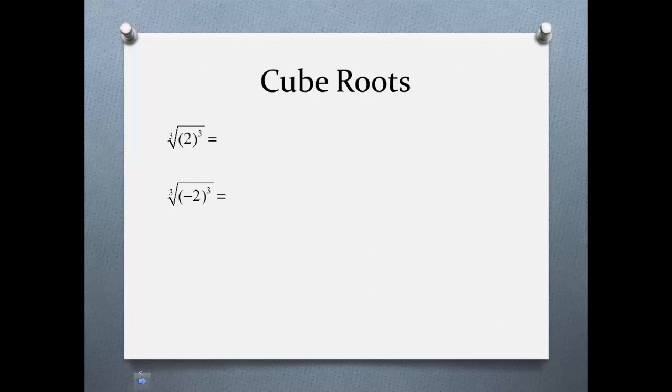Now for cube roots, the cube root of 2 cubed is the cube root of positive 8, and that's positive 2. So notice that this 2 down here in the base and this 2 right here in my final answer are exactly the same. And if I start with a negative 2 and I raise it to the third power, underneath that radical, the radicand is going to be negative 8, and then when I take the cube root of negative 8, I get negative 2.